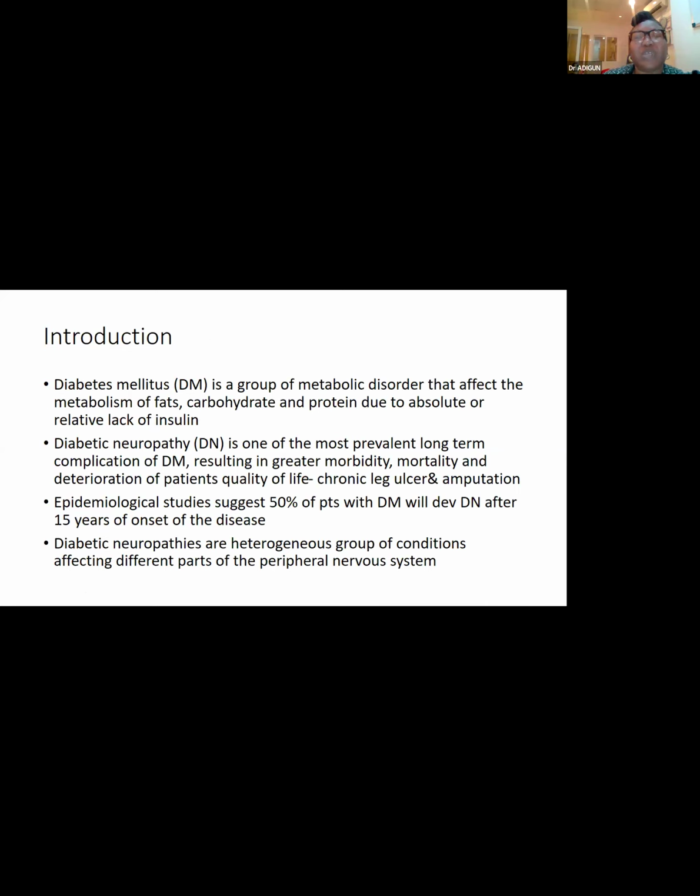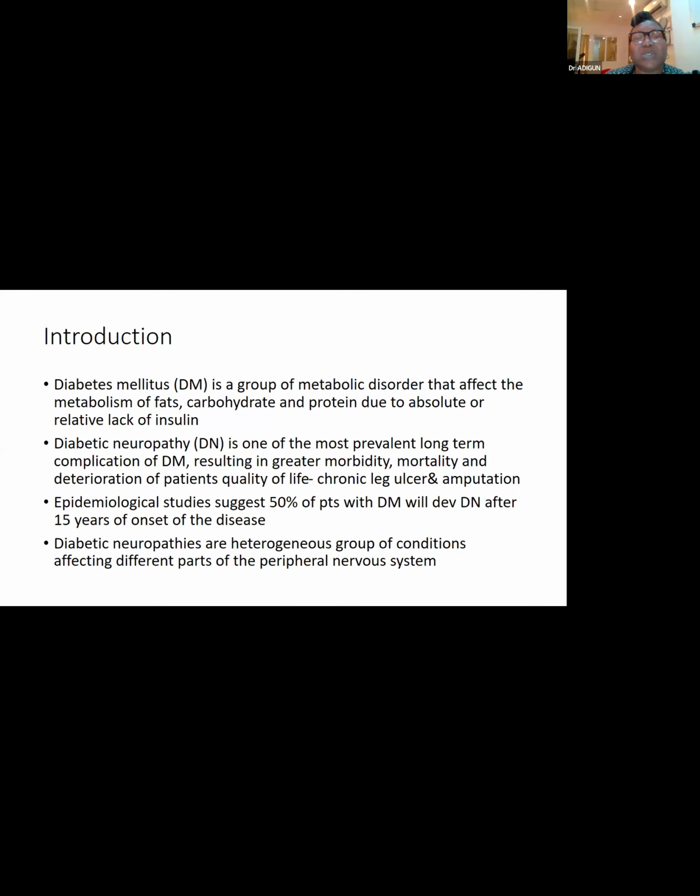It's a metabolic disorder that affects the metabolism of fats, carbohydrates, and protein due to absolute or relative lack of insulin, thereby leading to hyperglycemia.